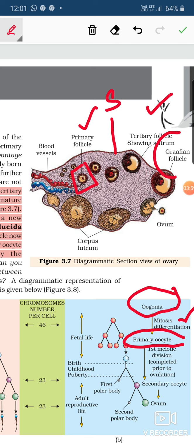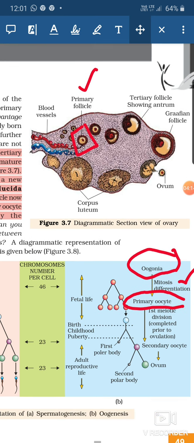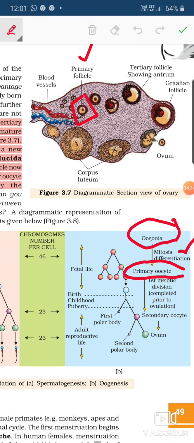The Graafian follicle is a large follicle with a good amount of antrum and a thick granulosa layer. It is during the tertiary follicle stage that the first meiotic division happens. See the diagram. The first meiotic division is completed prior to ovulation, and the primary oocyte forms the first polar body and the secondary oocyte.